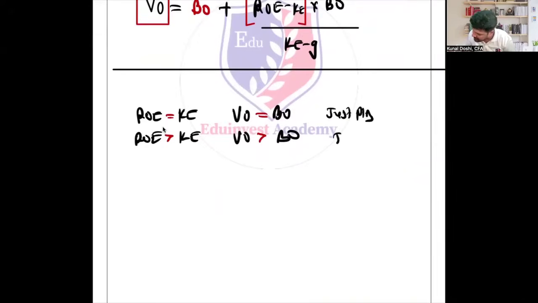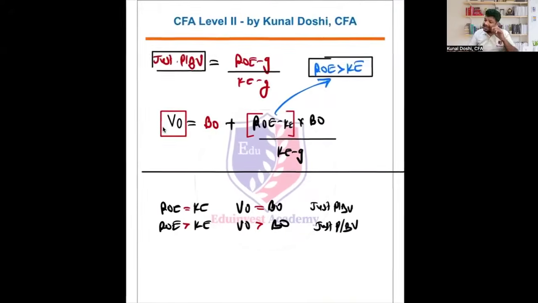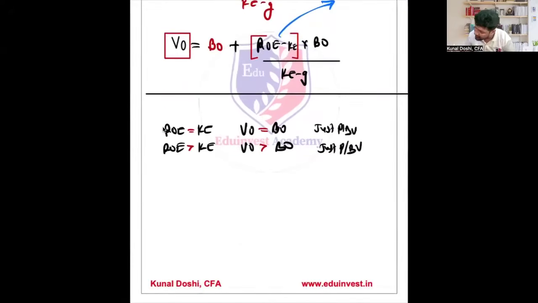Will it be greater than 1 or less than 1? We have to compare. If they both are the same, it will be equal to 1. Otherwise, it will be greater than 1.